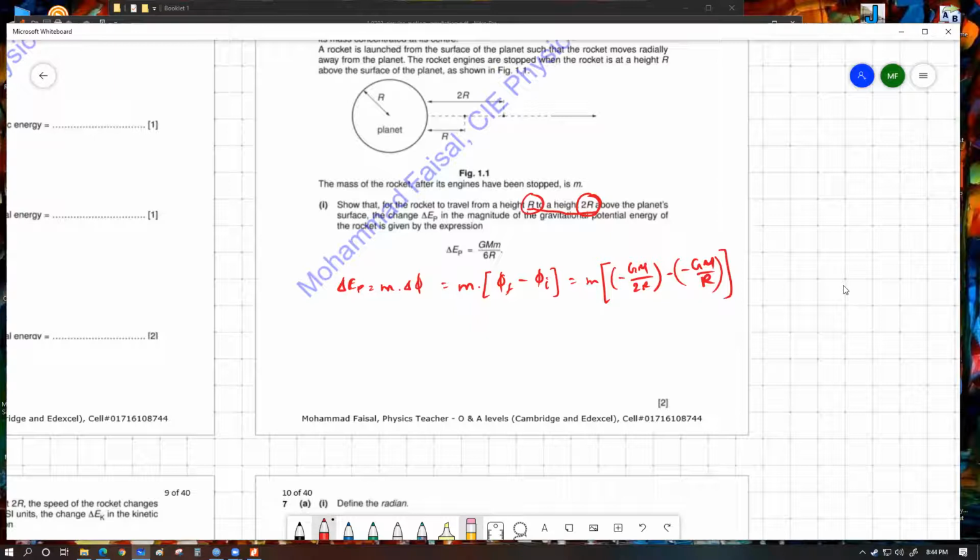You can also write this horizontally, I just prefer to do it this way so that I can utilize the maximum amount of space over here. Then you simply do the LCM, which gives you, if I take the GMm out, which I can, 1 by r minus 1 by 2r.